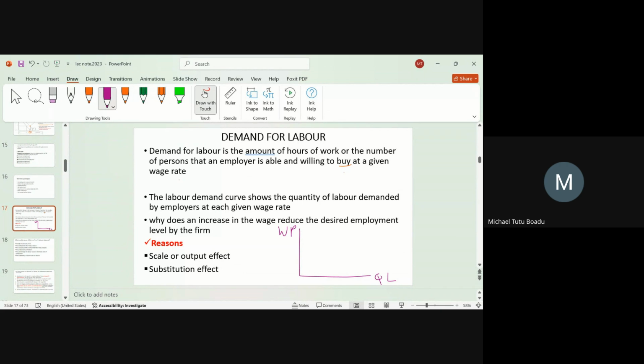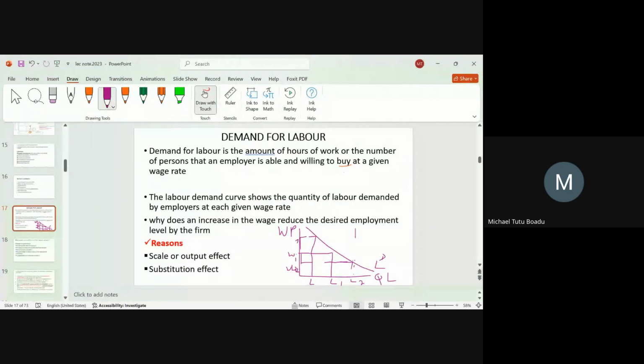So if you are paying me a wage of W1, then I will also supply you labor L1. If you reduce my wages to W2, then I can employ more labor, so labor increases to L2. If wages increase to W3, then the employer will employ less, L3. So if you draw a line passing through this locus, you have the labor demand curve being a downward sloping curve.